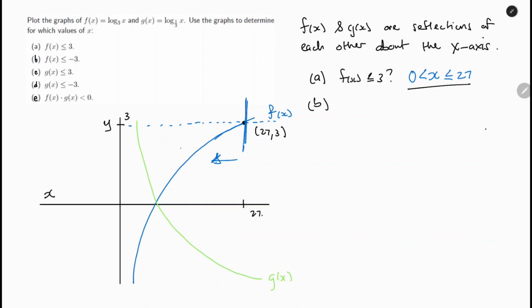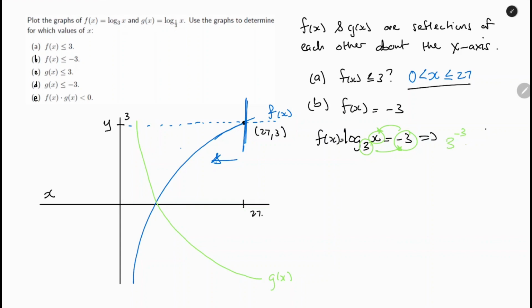Now B, where f of x is less than or equal to minus 3. Again, we're going to determine where f of x is first equal to minus 3. So log base 3 of x, which is f of x, is equal to minus 3. That implies that 3 to the minus 3 must equal x.